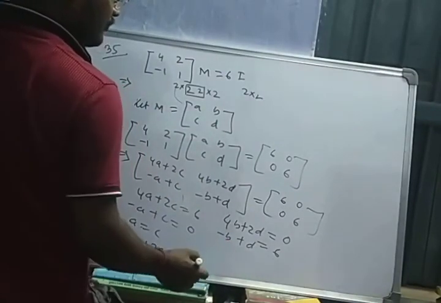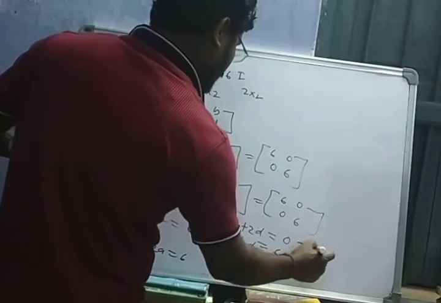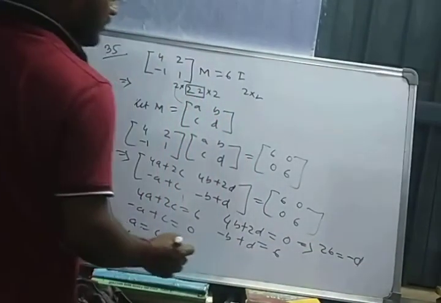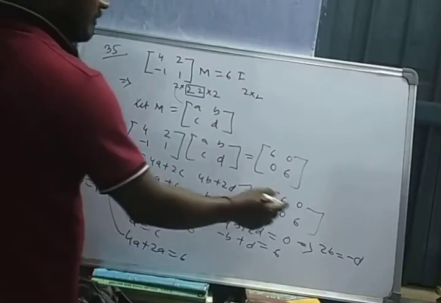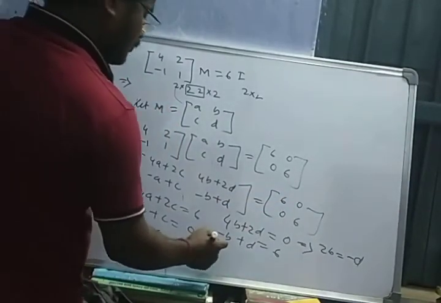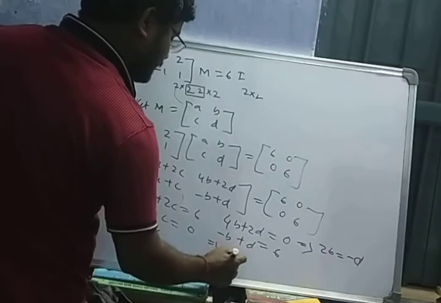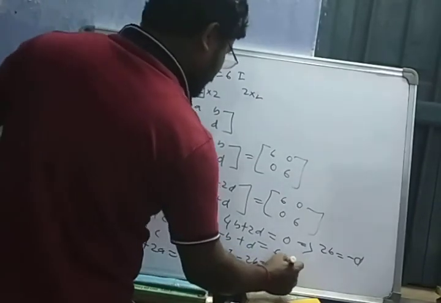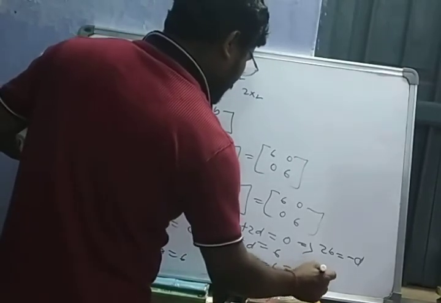Solving these two, 2b equals minus d, in place of d we can write minus 2b. That is minus b minus 2b equals 6, or b equals minus 2.